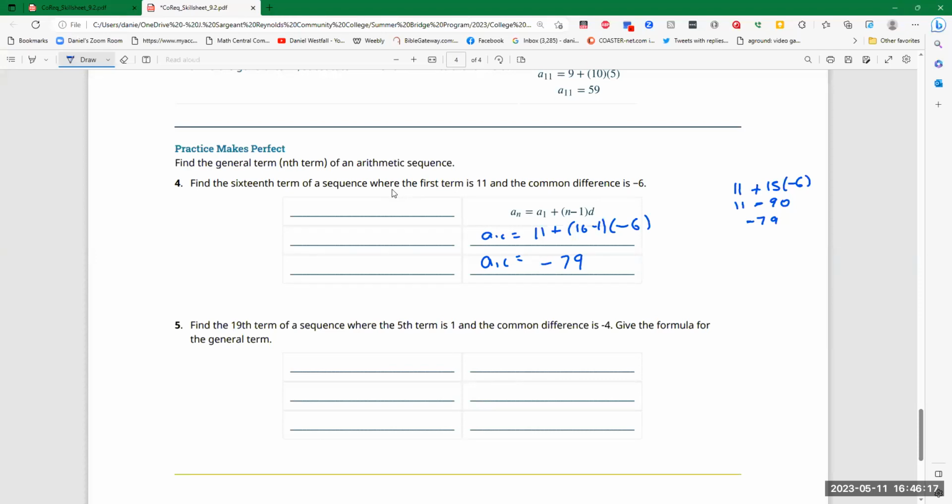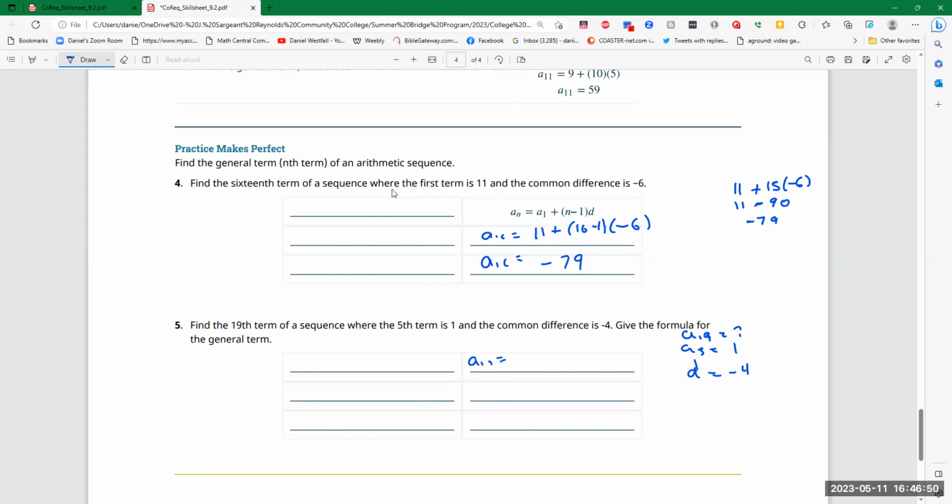Now let's find the 19th term of the sequence whose 5th term is 1 and the common difference is -4. So I want A19 equals what? And I've got A5 is 1 and the common difference is -4. So let's do this the second way that I said, to find the number of steps that I need to take here.